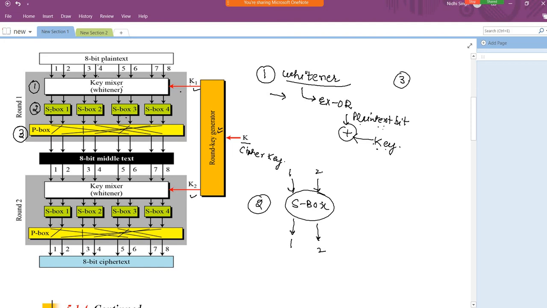So what we have to do is divide our 8-bit plain text into 4 groups, and each group will contain 2 bits. So for the substitution, divide plain text into 4 groups, each having 2 bits.